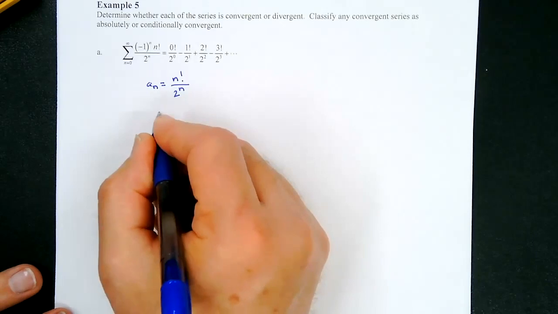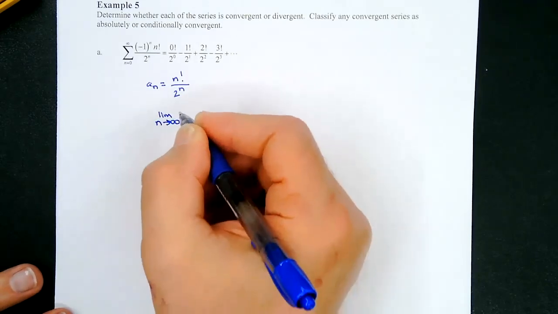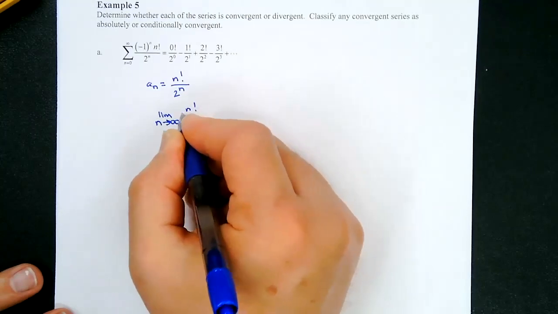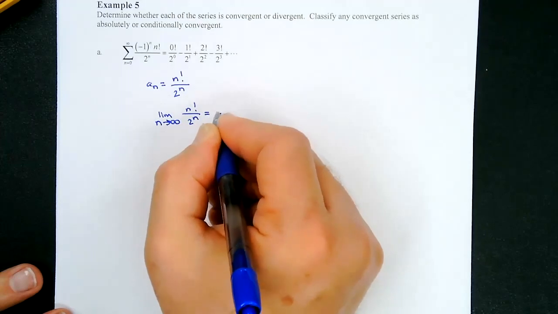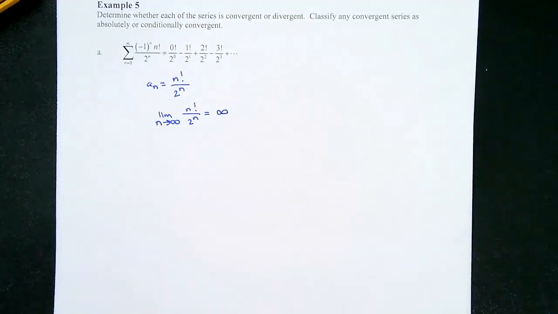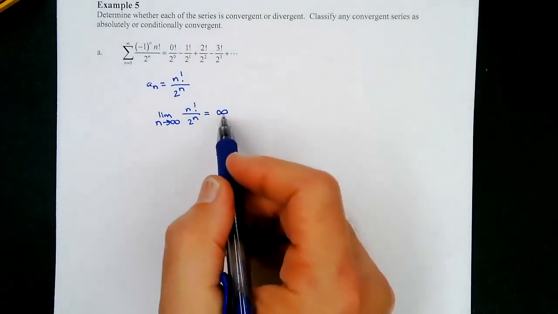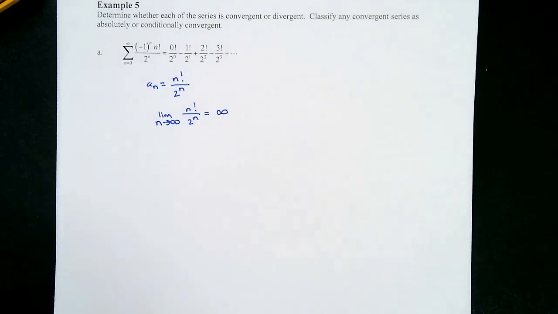So now I'm going to go right to the limit statement: the limit as n approaches infinity of n factorial over 2 to the n. The numerator is growing faster, so this is going to come out to be infinity. It's not coming out to be 0, so we can't even use the alternating series test, and we can say that it diverges.